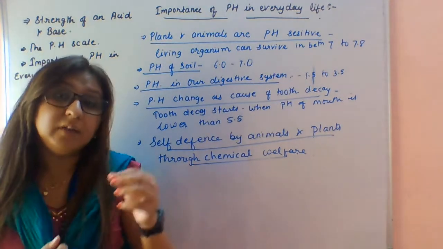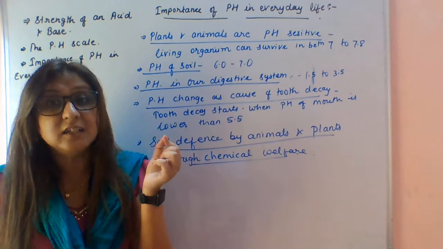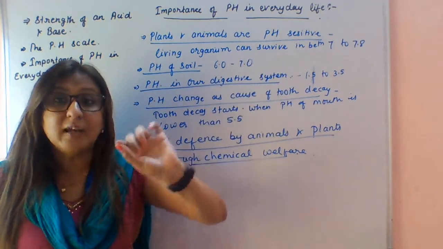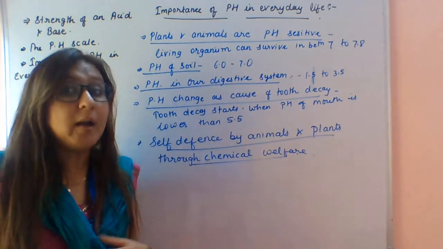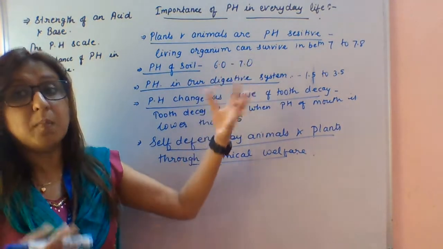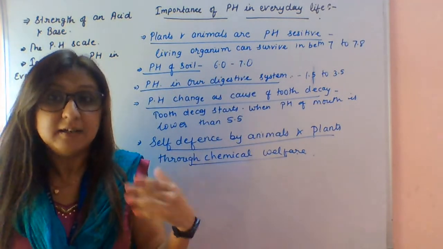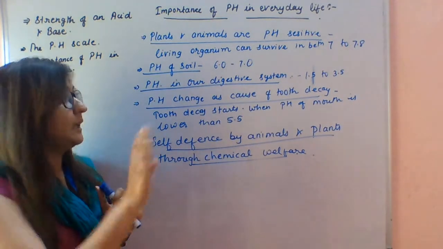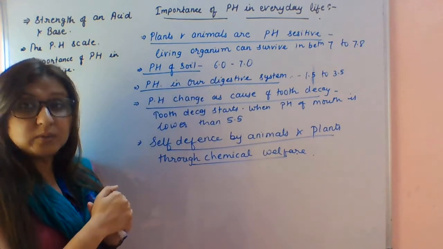But often in a few plants we see that if we make the soil slightly acidic, a few plants grow more efficiently below this pH range, in a slightly acidic medium. Okay, usually all plants grow between 6.0 to 7.0.